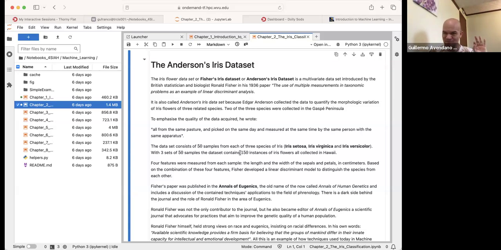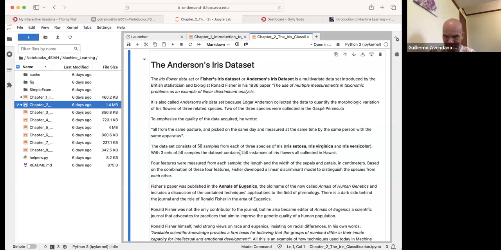Someone took flowers and started measuring four quantities for the flower: the length and width of the petal, and the length and width of the sepals, so the other side of the flower. So 4 measurements for each flower, for a total of 150 flowers.